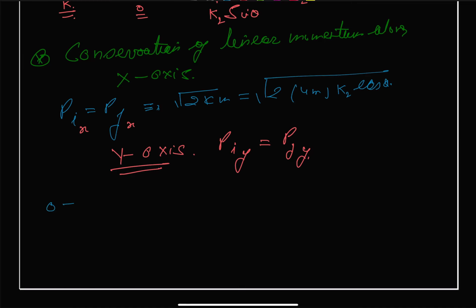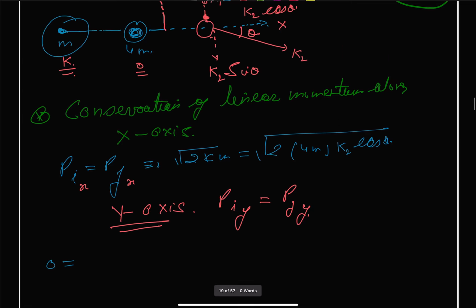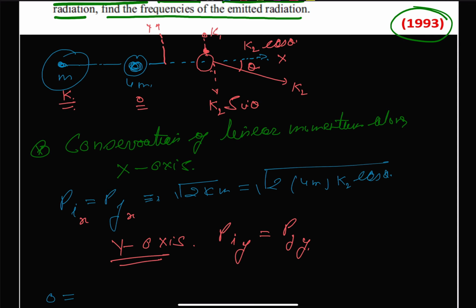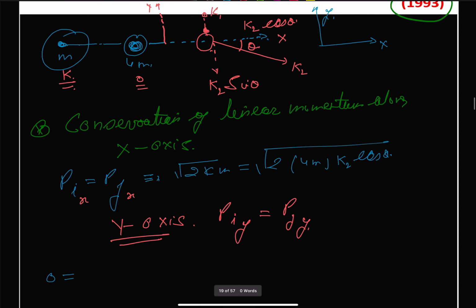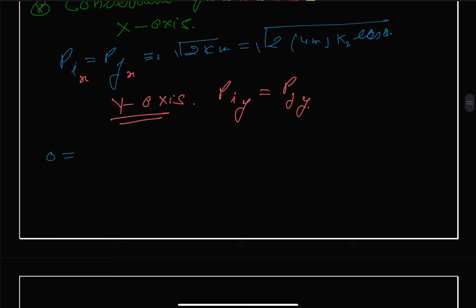So this comes as 0 is equal to final momentum of neutron, which is square root of 2 K1 m minus, because it is along negative y-axis, square root of 2 times 4m K2 sine of theta.